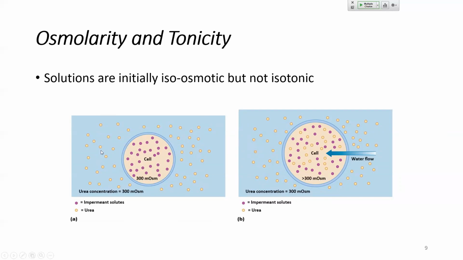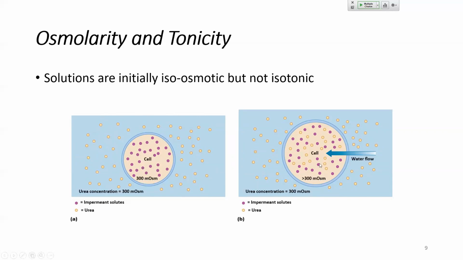Okay, so the solution on the left can be described as being isoosmotic, meaning that we have the same number of particles dissolved inside, 300 milliosmoles, as we have outside, right? Also 300 milliosmoles. But on the right, when we speak about tonicity, we're going to completely ignore urea. Because urea can move into the cell, tonicity does not take urea into account.